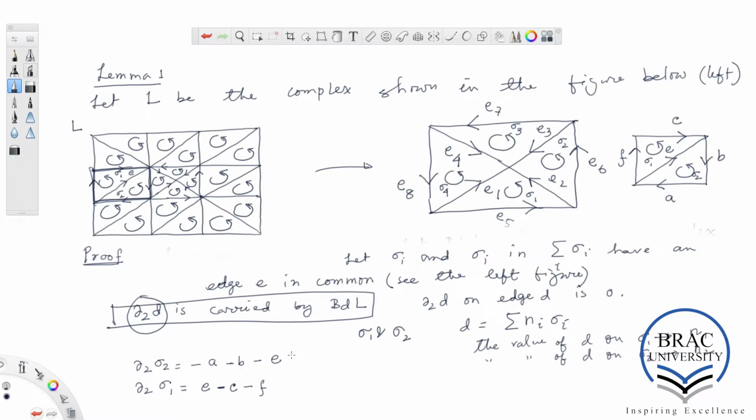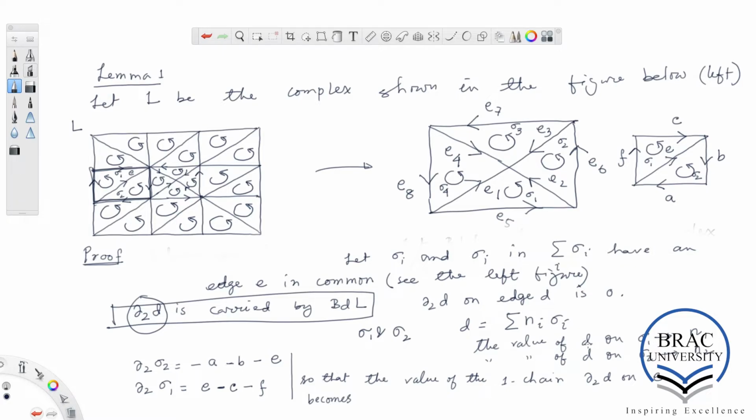So that the value of the one chain del 2 D on E becomes, what does it become?